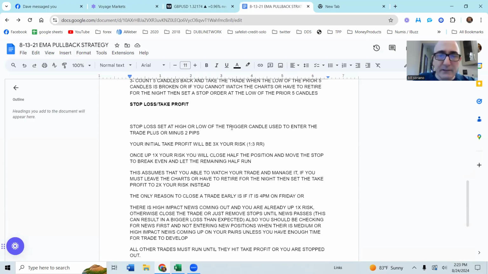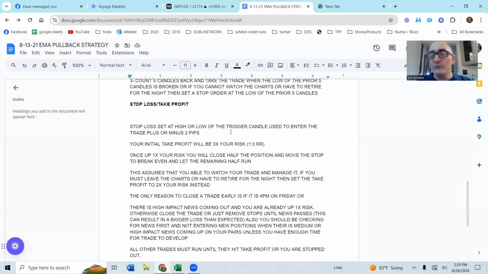The initial profit target, after you set your stop loss, is 3 times your risk. So if your stop loss was 10 pips, the difference between your entry and 2 pips above or below that trigger candle's high or low, then your initial 3 times risk to reward would be a 30 pip take profit. That's how you would set it.